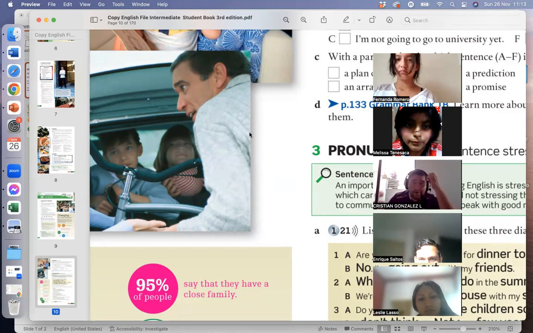The father is putting the bicycle in the car. And how does he look? Does he look happy? Does he look excited, sad, upset, angry?